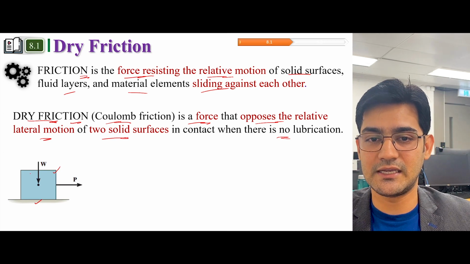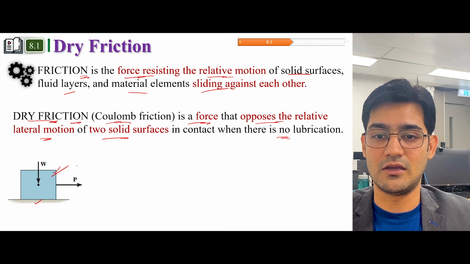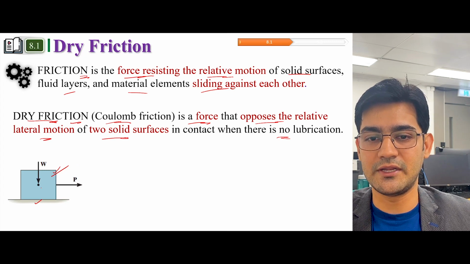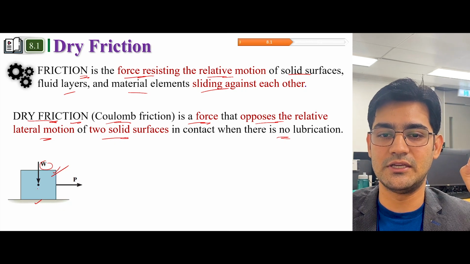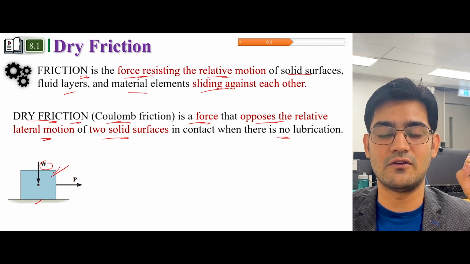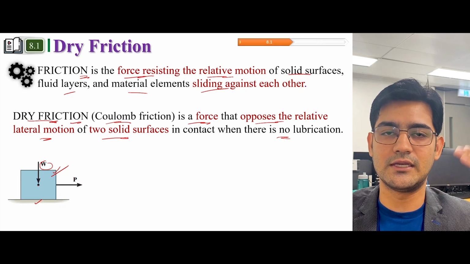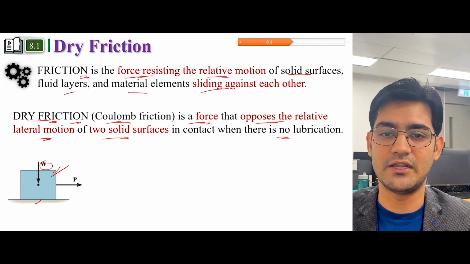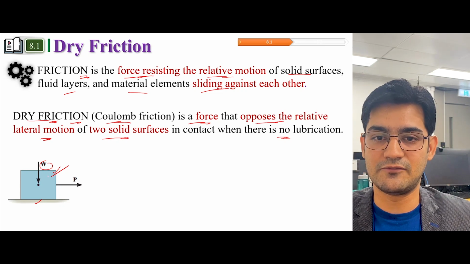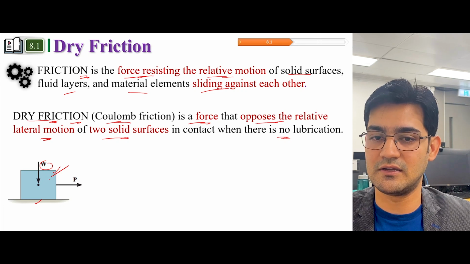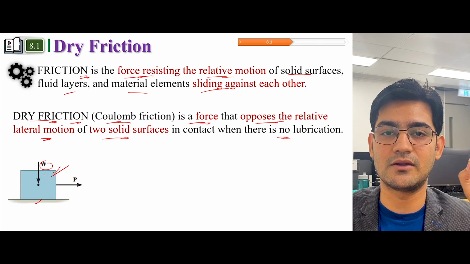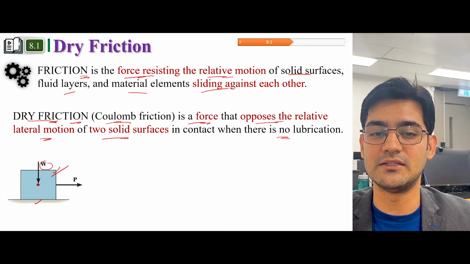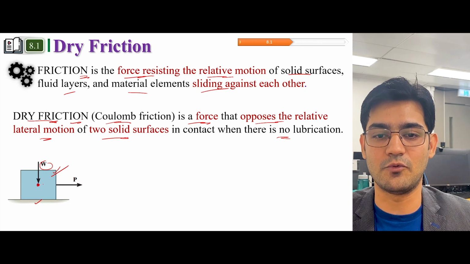So imagine this is a solid rigid body, and this rigid body has some weight W, and that weight acts on the center of gravity of the rigid body. We're going to explore the center of gravity and centroid in the coming lectures, but for the sake of this chapter, we can think that this weight acts on the center of gravity, and let's assume that this is our center of gravity point.